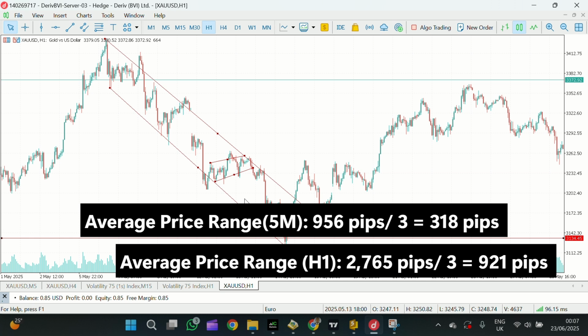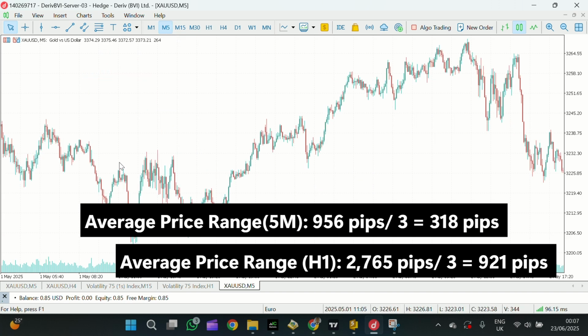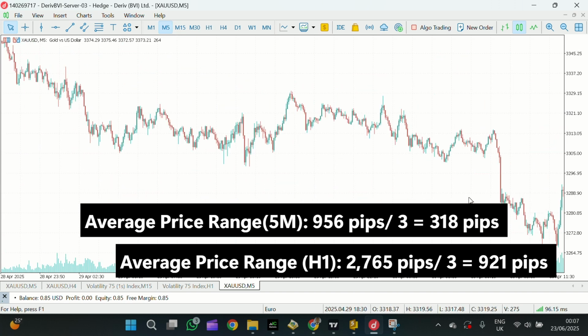And then when you are choosing the 5 minutes time frame, you know the particular risk and the reward available. From there, you calculate your stop loss. So now if I have 318 for the 5 minutes time frame, let's go back to the 5 minutes time frame.